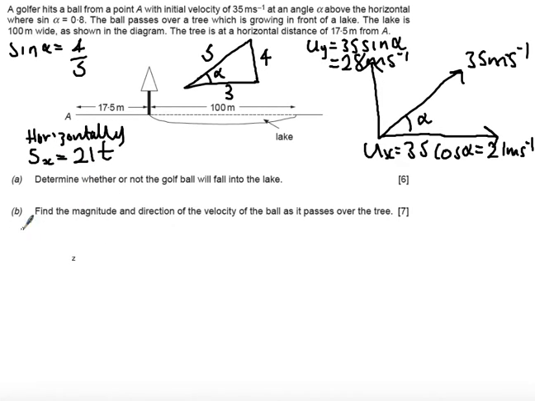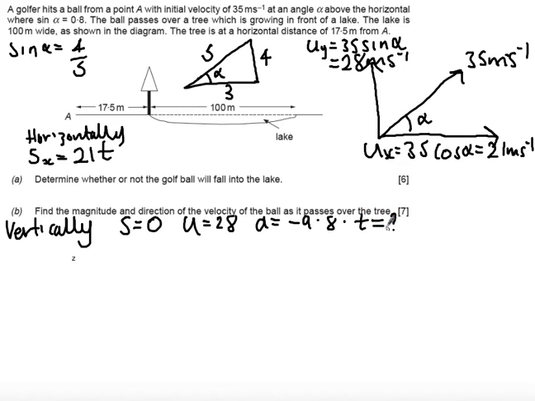So now I've got to work vertically, because what I need to do is find when the vertical displacement of the ball has returned to 0, because we're talking about the path up and over. So we want to know when is s 0 vertically, knowing that u is 28 and that the acceleration because of gravity is minus 9.8, and we're trying to find what t is equal to.